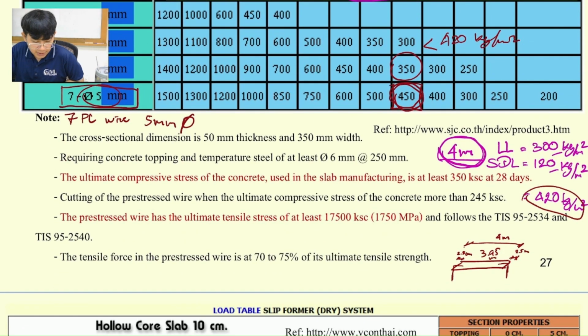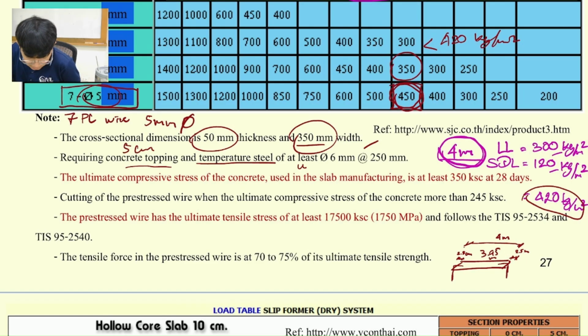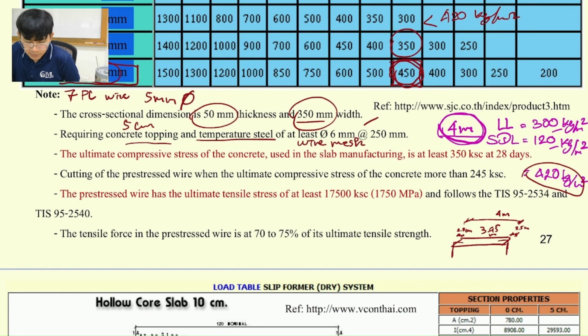Next one is going to be the cross-sectional dimension. This one I already mentioned, you need to remember it: 50 millimeters thick and 350 millimeters in width, and it requires topping of about 5 centimeters, with the temperature steel, or we call it wire mesh steel, at least with a spacing of 250 millimeters or 125 millimeters.